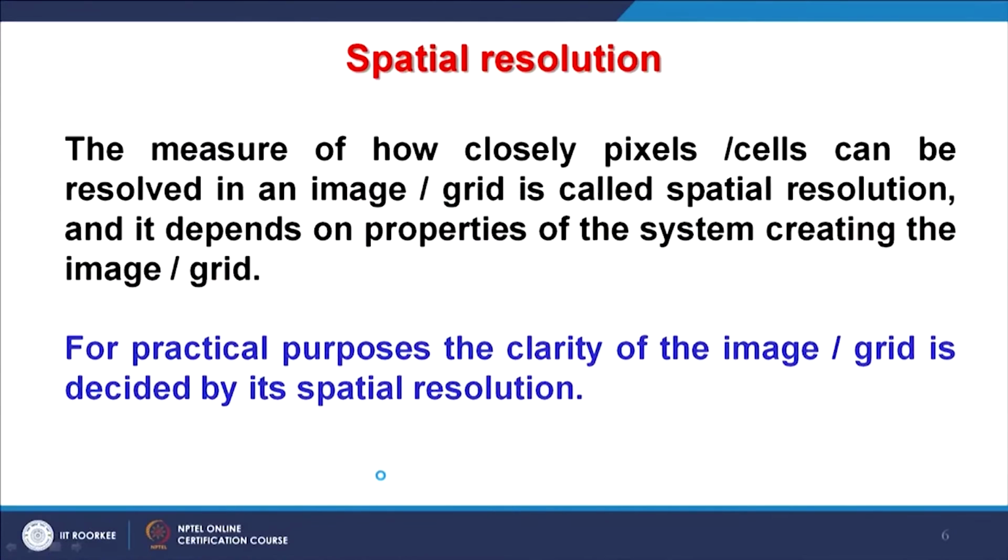For example, I may be using a 10 meter spatial resolution satellite image, but if I am going to create output on A4 size for a district level analysis, then the scale in the ultimate printout map is going to be very small. So why use 10 meter spatial resolution data if I cannot show it to anyone? Optimization has always to be thought about. Another way we say it: higher spatial resolution means a clearer image, and this is how it is in case of image or grid.